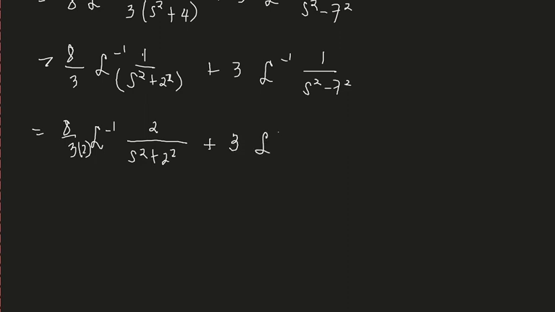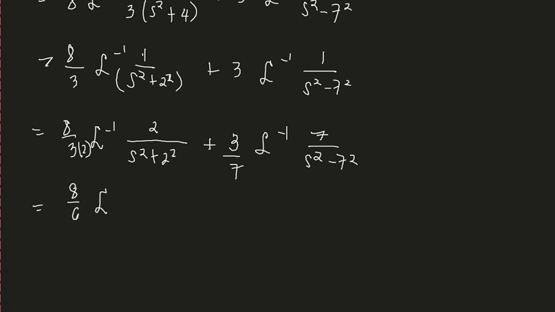Then we have, kinanglanan ko dari sang 7 sa babaw. So, I have 7. I have to divide by 7. So, this is equal to s squared minus 7 squared. So, this is equal to 8 all over 6. So, this is 8 all over 6.